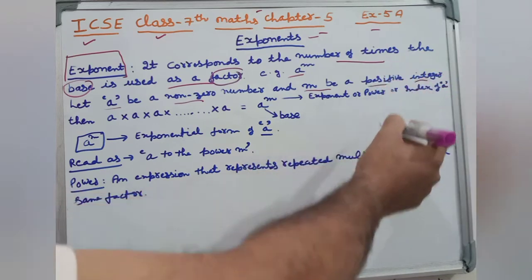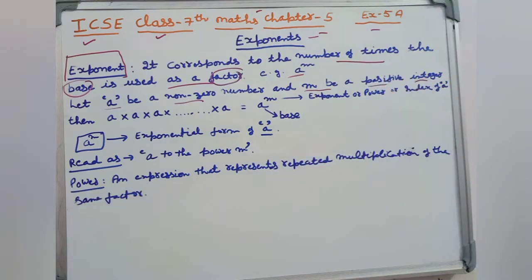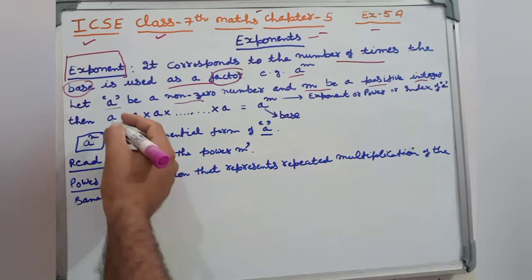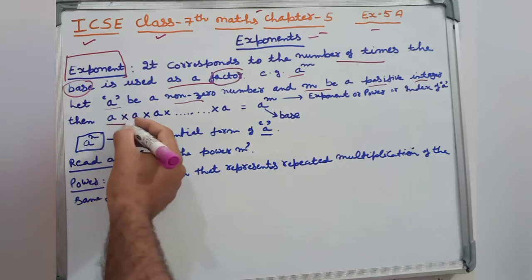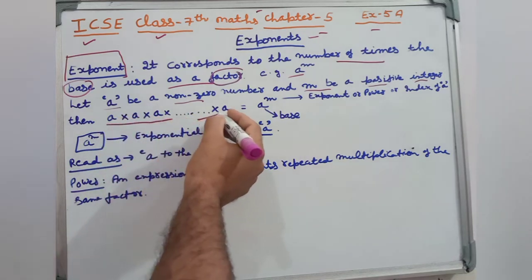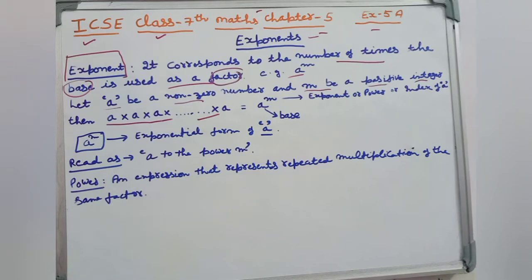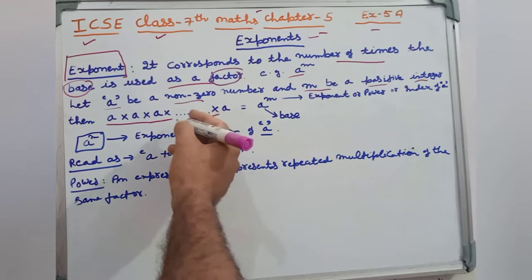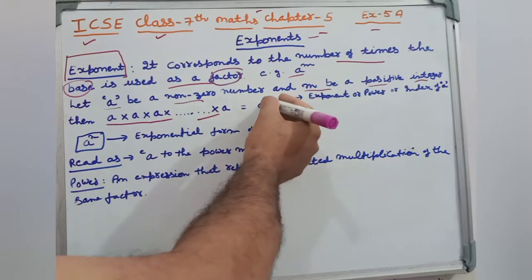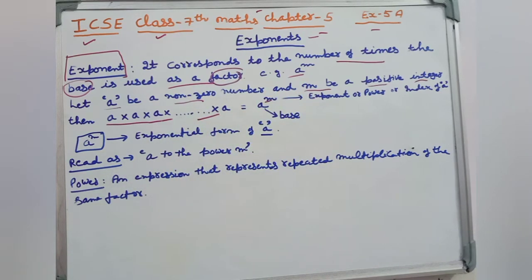Now it is a positive integer, so we will take it as positive. Then if we multiply a number of times, a into a into a into a, suppose we take them as m times, right?